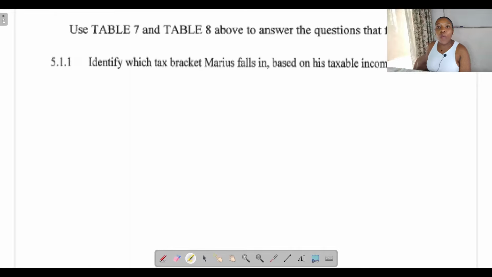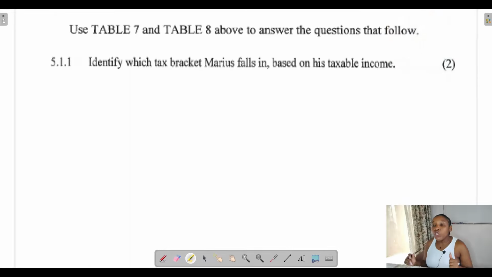Question 5.1.1: use table 7 and table 8 above to answer the questions that follow. Question 5.1.1 says: identify which tax bracket Marius falls in based on his taxable income.